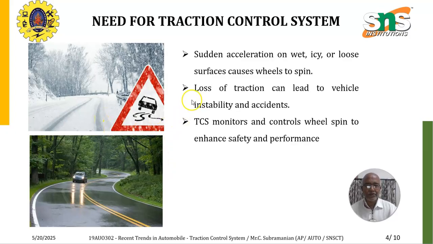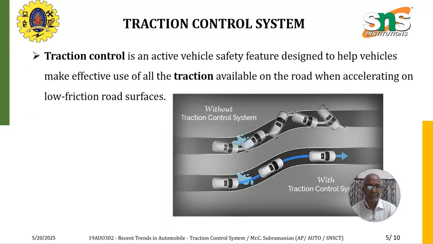Mainly, the traction system is needed on icy roads, wet icy roads, or during the rainy season, when there will be more slip of the wheels on the road. So this control system has to be monitored and controlled to control the wheel spin and enhance the safety and the performance.